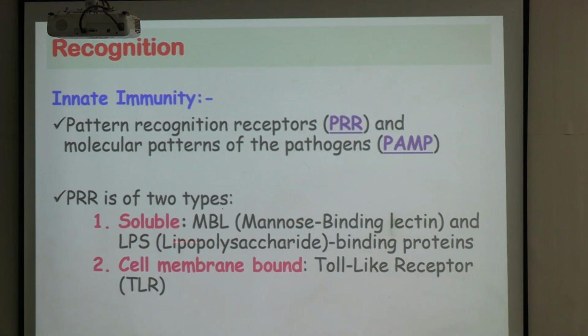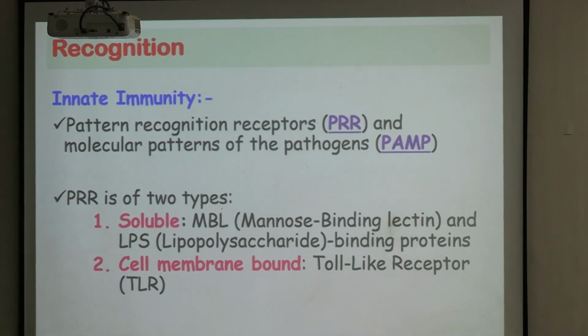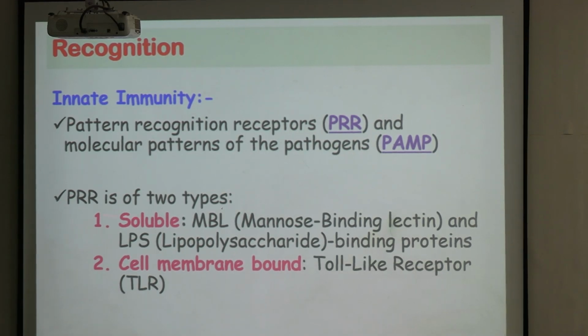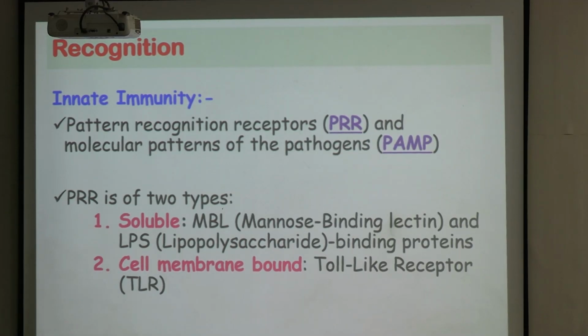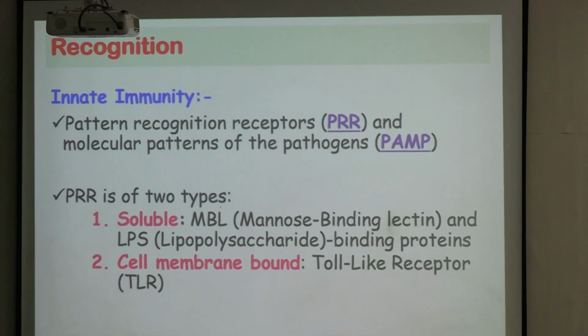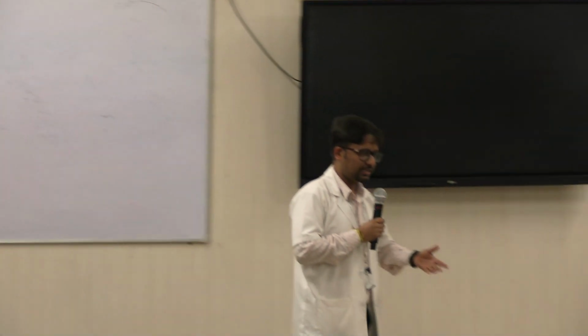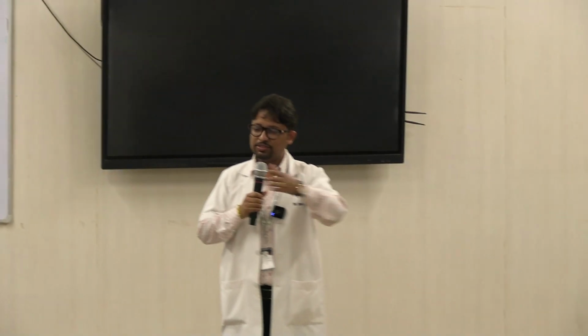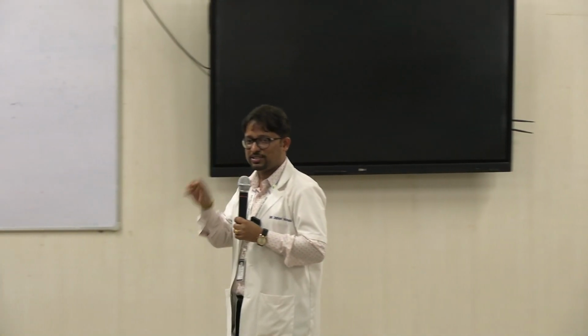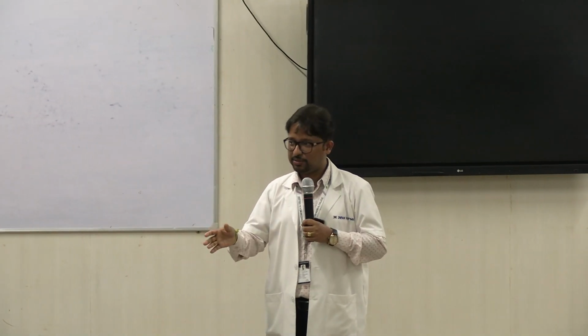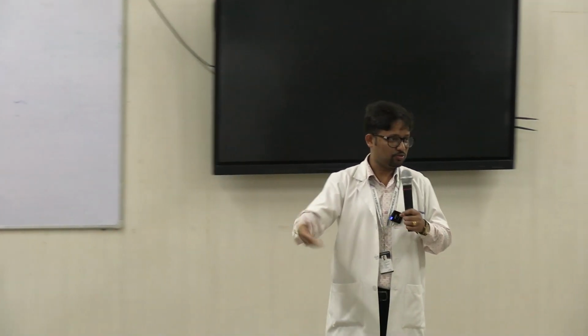Some of them can be soluble, say MBL, mannose binding lectin, and LPS, lipopolysaccharide binding protein. It can also be cell membrane bound, like the toll-like receptor. So these are two kinds of receptors which participate in innate immunity. And as I have emphasized again and again, these are basic patterns which are present across all forms of prokaryotes, so that as soon as they enter the body, they are recognized by the human immune system, which is very sophisticated.